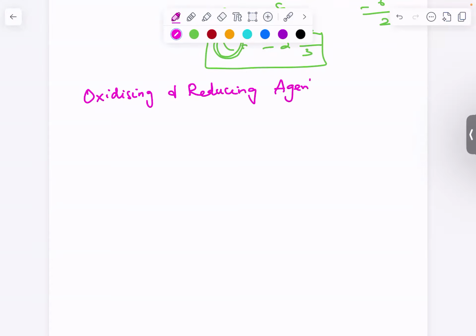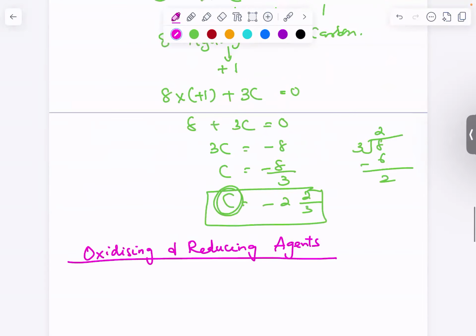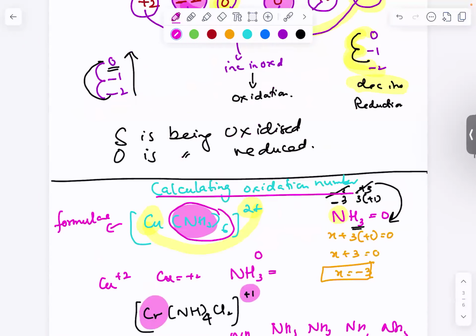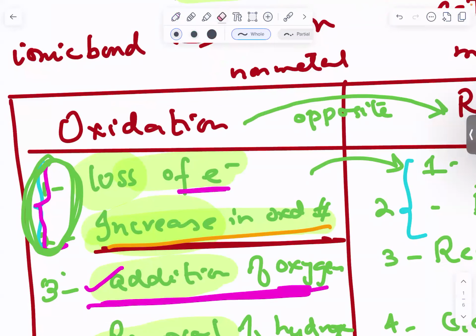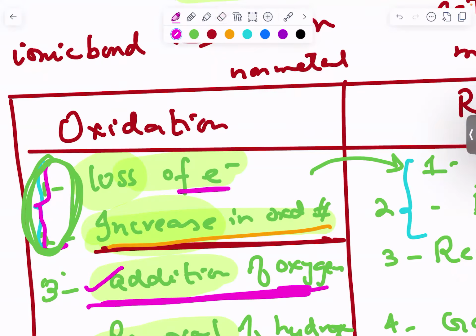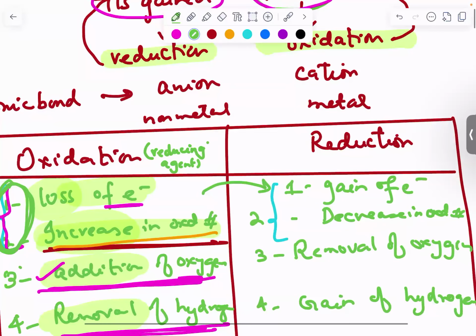Now, this was the most difficult thing for my students until I told them a trick. With oxidation, I'm going to write reducing agent, and with reduction, oxidizing agent.